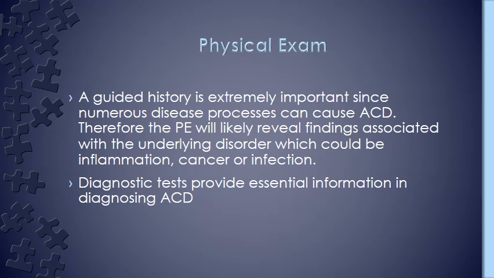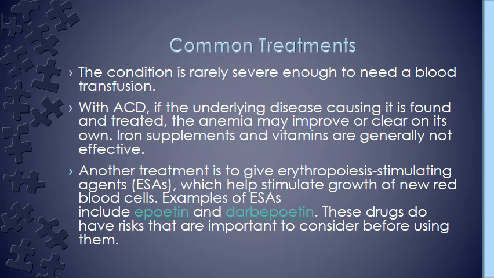Some of the tests that would be important in diagnosing this would be a red blood cell count, hemoglobin level, serum iron level, serum ferritin level, serum transferrin receptor level, transferrin iron binding capacity, and total iron binding capacity.